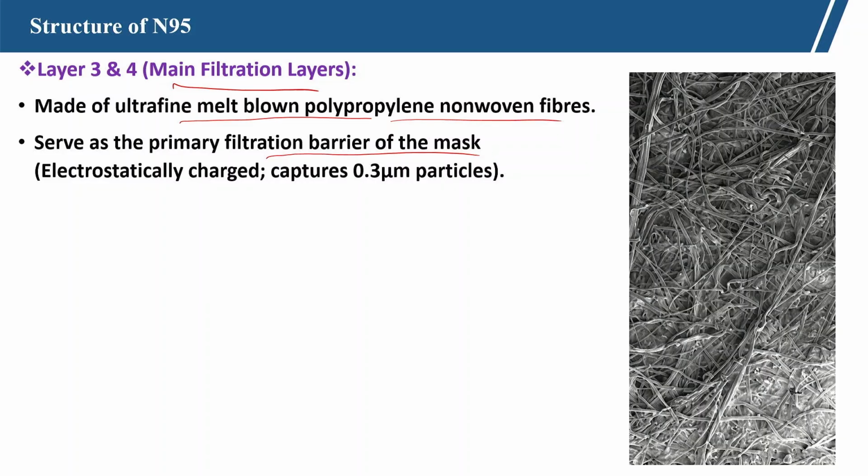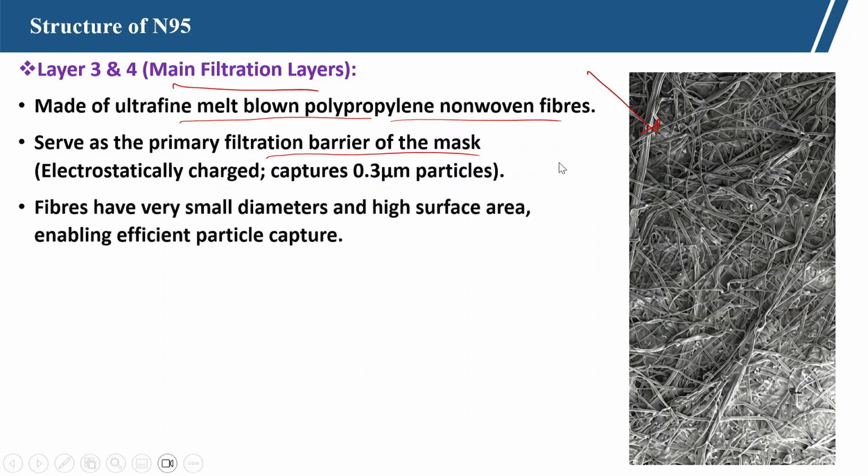Or if we want a very high filtration rate, in that case we can charge this melt blown with electrostatic charging, and then it is covered by the other layers.